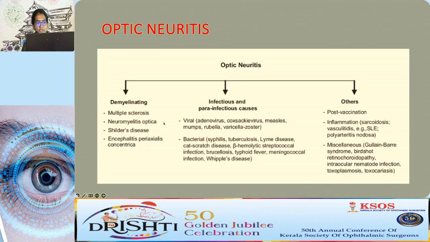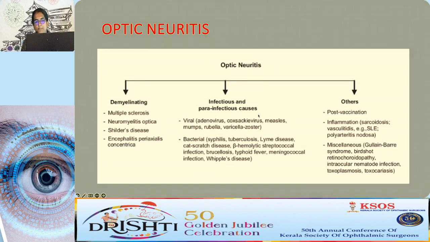Then neuromyelitis optica and other conditions like Schilder's disease and encephalitis periaxialis concentrica are all demyelinating causes. Lately, new antibodies are also being investigated, especially in Devic's disease, NMO-associated optic neuritis.